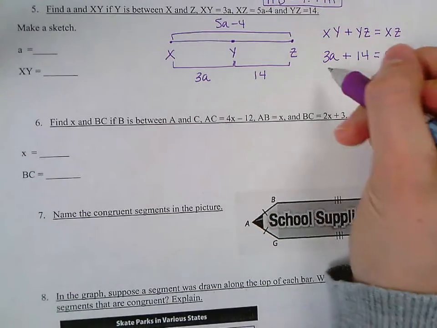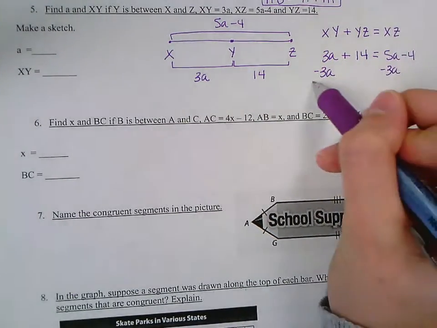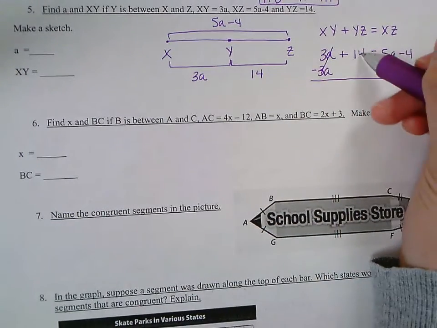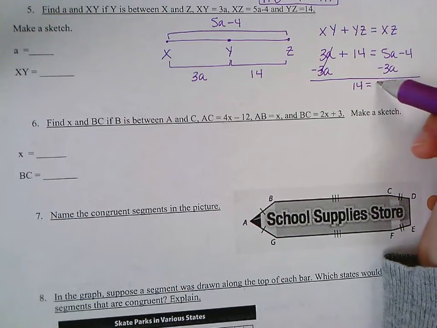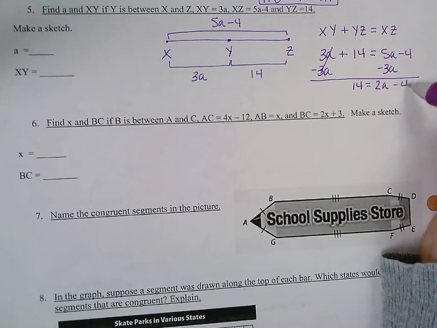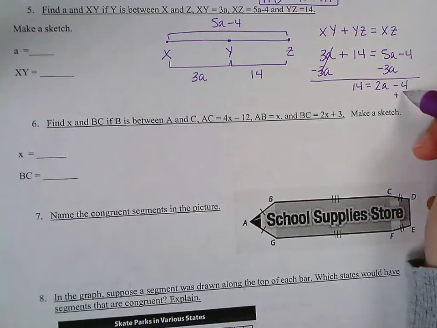Okay, so I need all of my A's on the same side, so I can subtract 3A from both sides. I still have 14 on the left. 5A minus 3A will give me 2A, and I still have the minus 4. Next step, add 4 to each side.